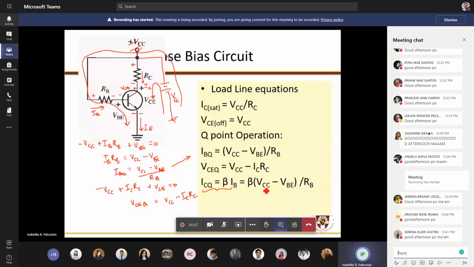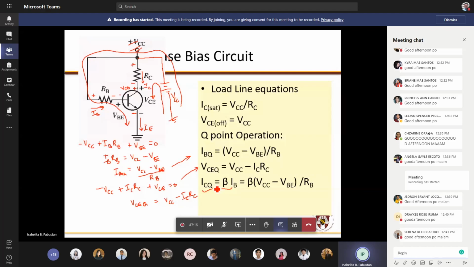Why am I writing this? Kung mapapansin mo, nakasulat naman dito eh. Bakit ko pa sinusulat ulit? So that you do not need to memorize. Napakahirap mag-memorize. Ang daming formula. Iisa pa lang itong configuration na ito.